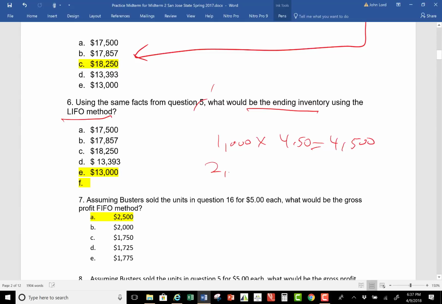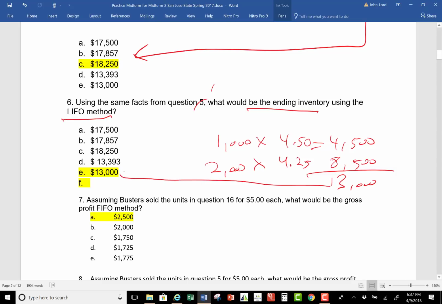And then it was 2,000 of the 425s? And that's going to give me 8,500. Okay, good. And so that gives me 13,000. Okay. Question? Yeah.